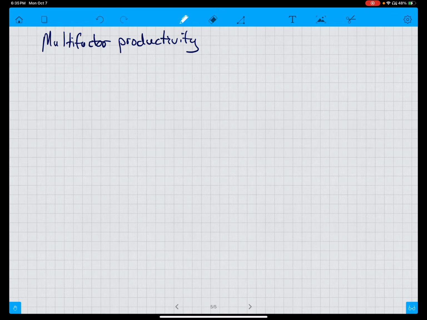So in this case, for plant A, we have output. Multifactor productivity is still output, which is 500. Output over total cost in dollars.